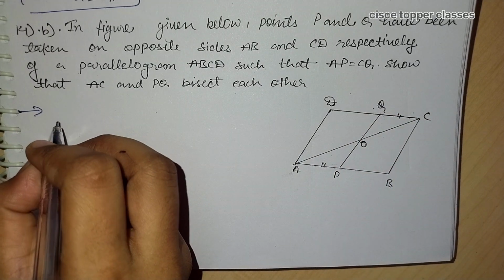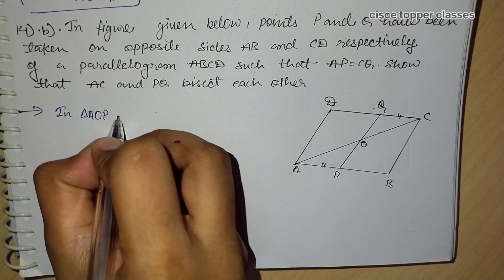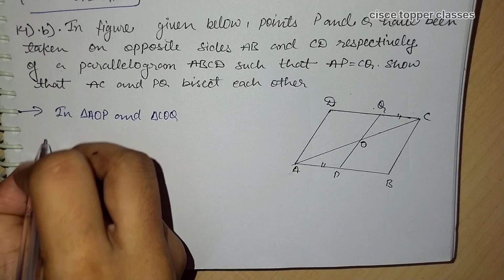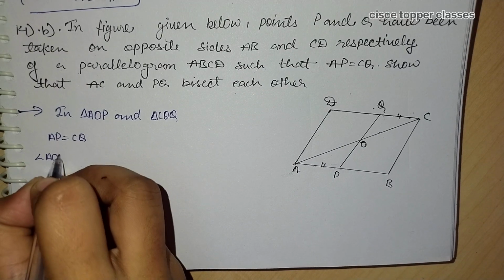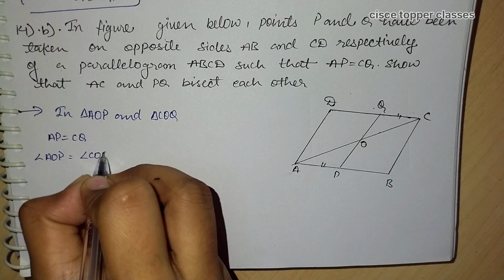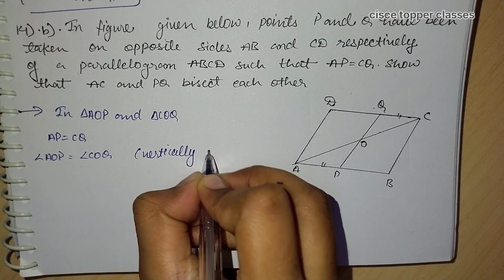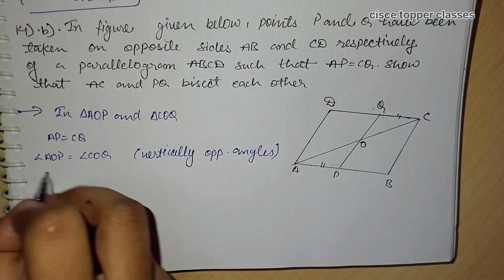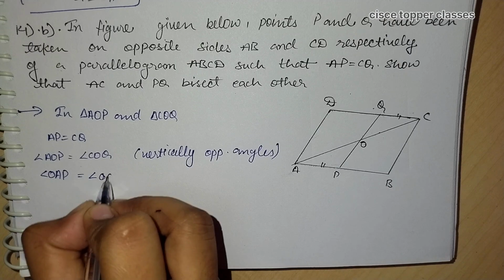To prove this, we can simply say here in triangle AOP and triangle COQ, AP is equal to CQ and angle AOP is equal to angle COQ. These are vertically opposite angles here, and angle OAP is equal to angle OCQ.